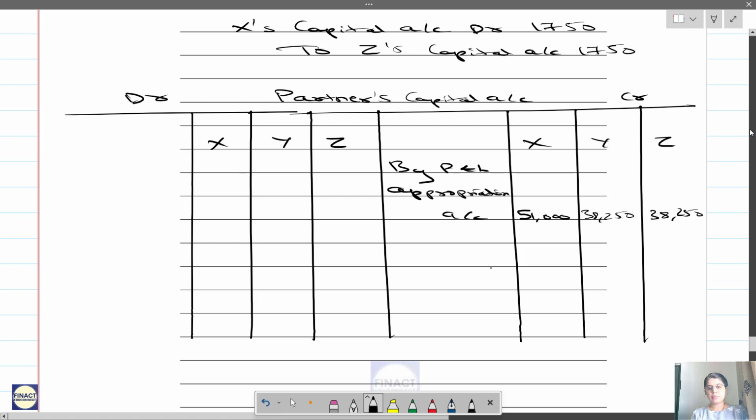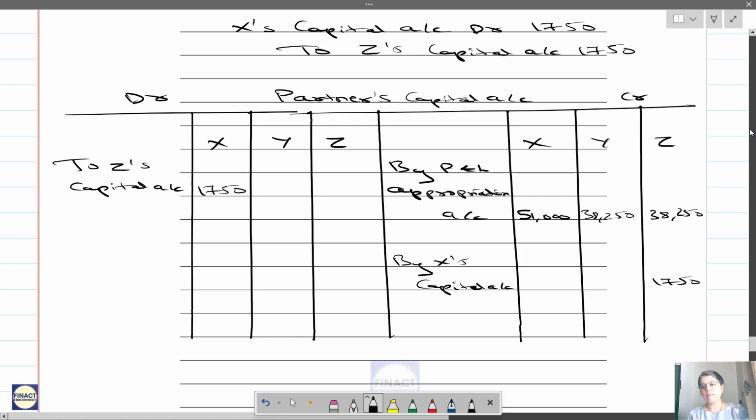Then second thing, we have to just post this entry. So X capital account debit, to Z's capital account 1750, and Z's capital account is credited, so by X capital account 1750.